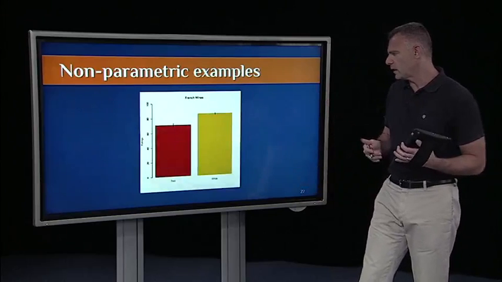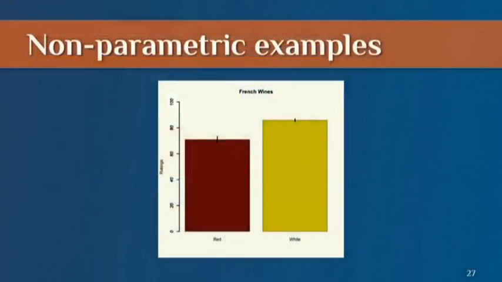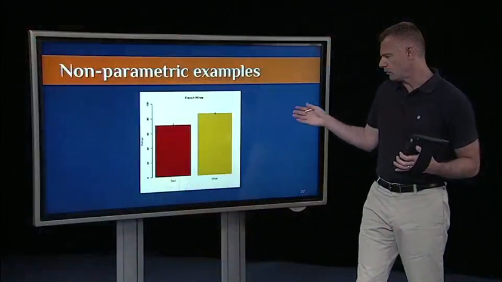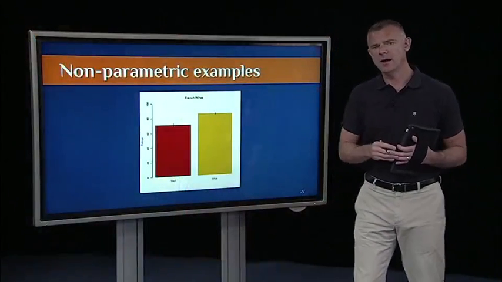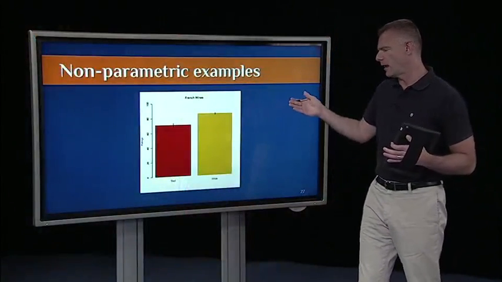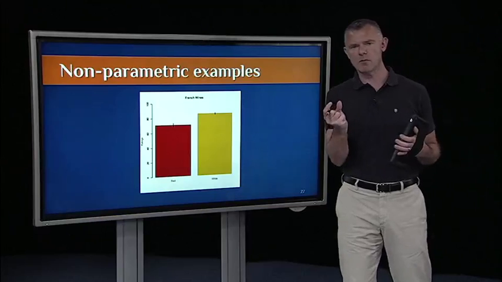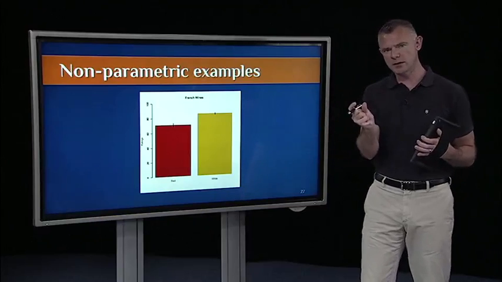The example I'm using here comes from the old example we used earlier in the course on wine ratings. So remember we had wine experts rate wines, 2 wines from each country. So there was a red and a white from France, and the same wine expert rated both the red and the white. So we have the same wine experts giving 2 ratings here.